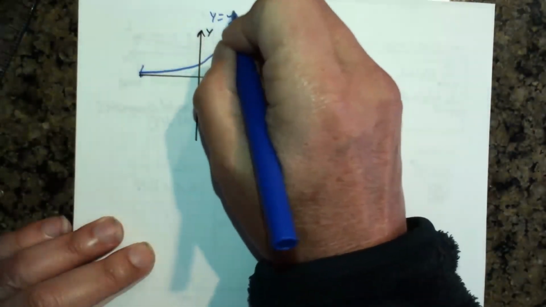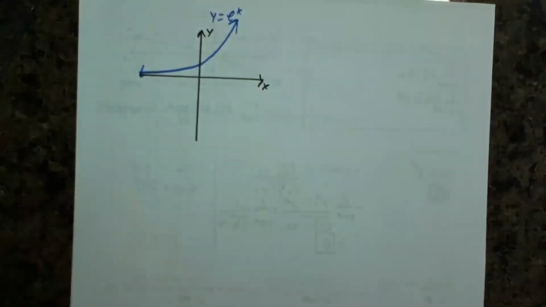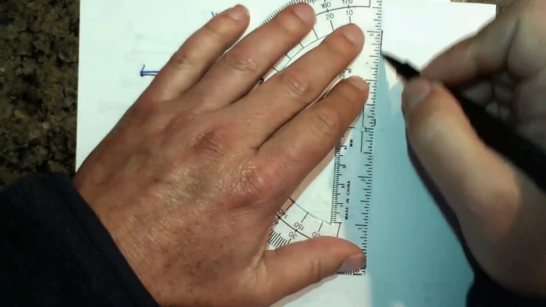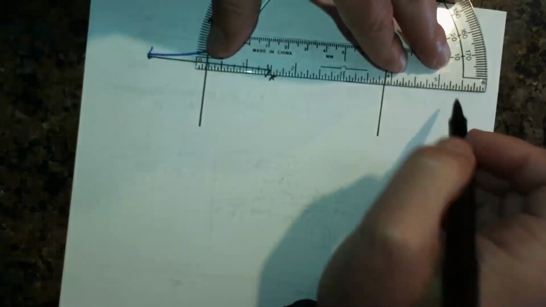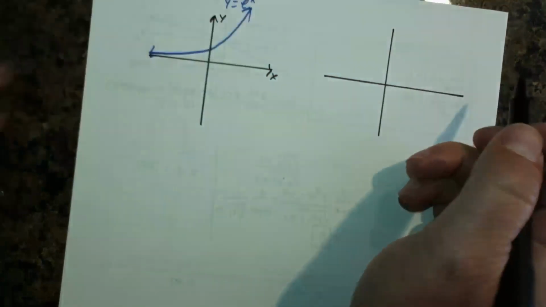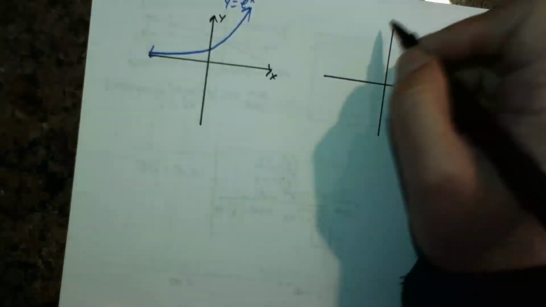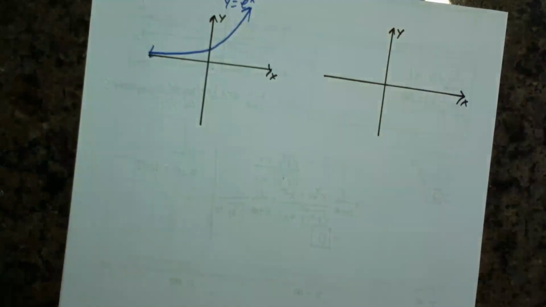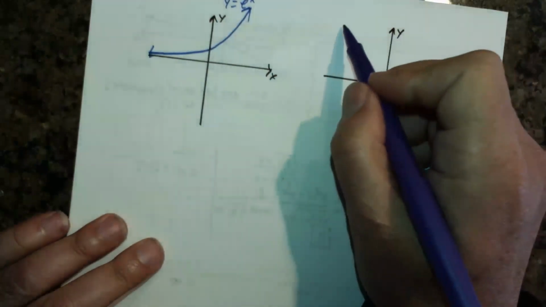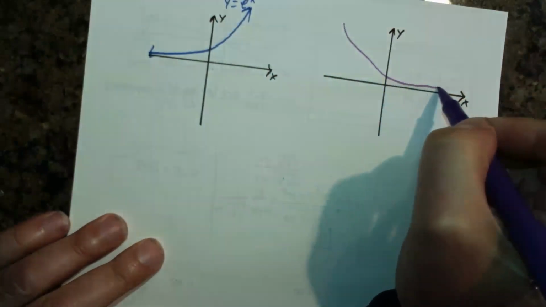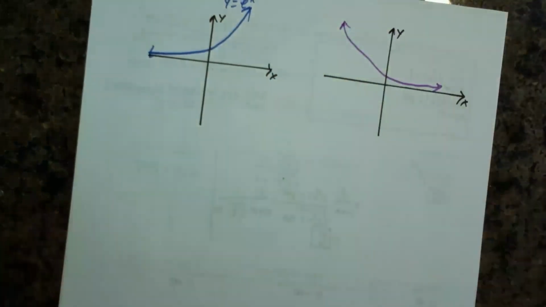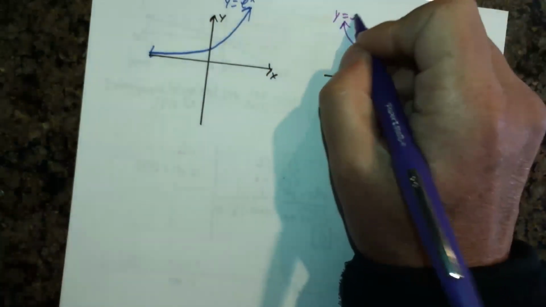This is y equals e to the x. And e to the negative x looks like this. Ooh, that's not drawn very smoothly, but we get the idea, hopefully. This is y equals e to the negative x.